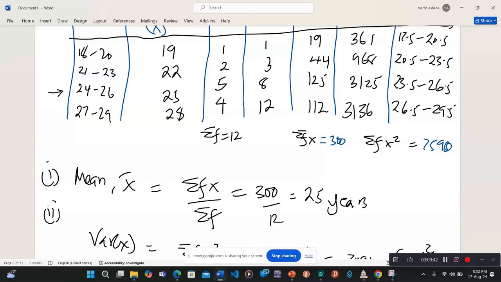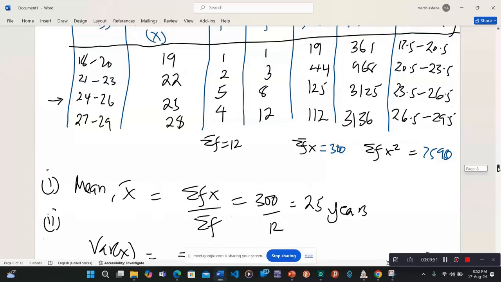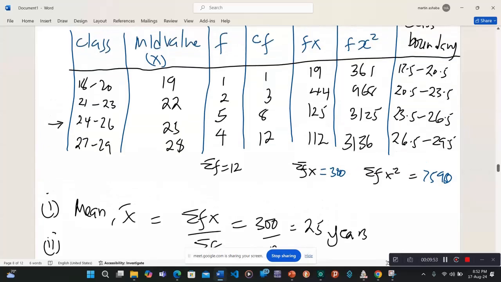9 is near 8, but 8 is less. You can't take the value which is less. If it was 10, we would take it. So we shall take 12.